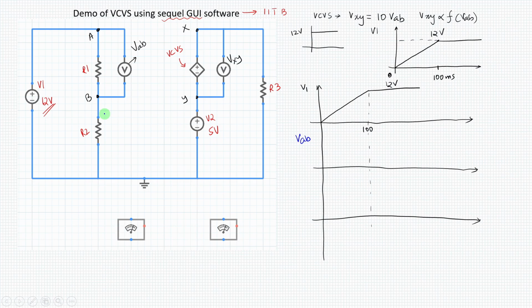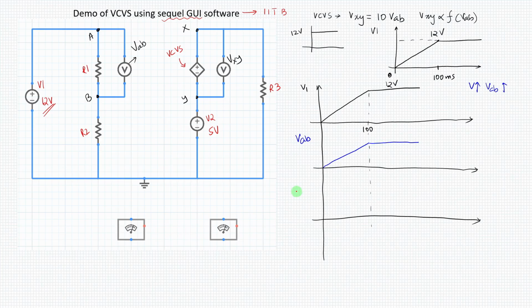But we don't require Ohm's law to understand the concept. As V1 increases, VAB will also increase gradually. After 100 milliseconds, V1 becomes constant, so VAB will also become constant at some particular value.